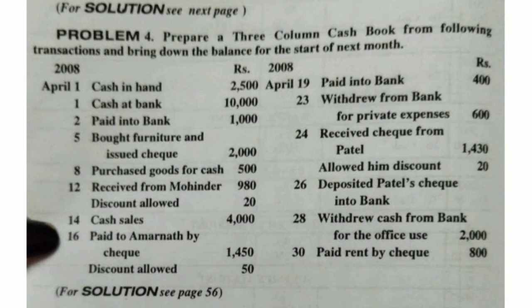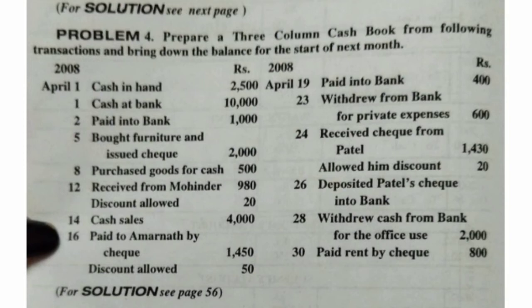Okay, so on 24th April, the entry would be cash account debit 1430, discount allowed account debit 20 to Patel account 1450.